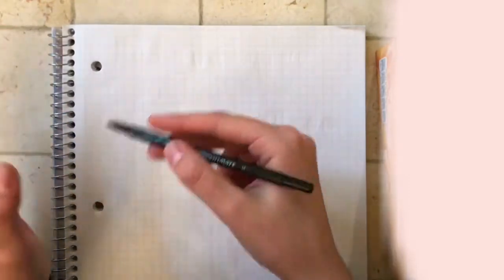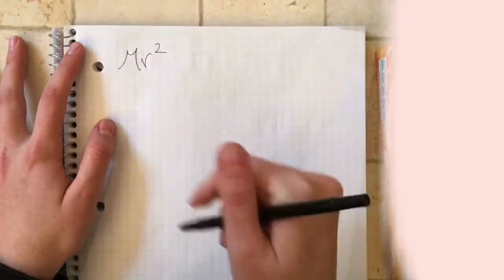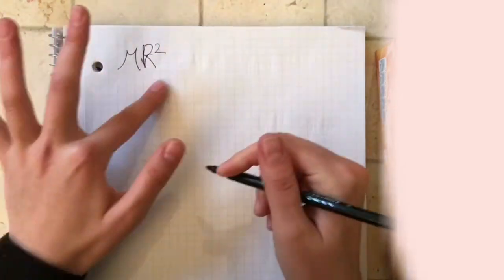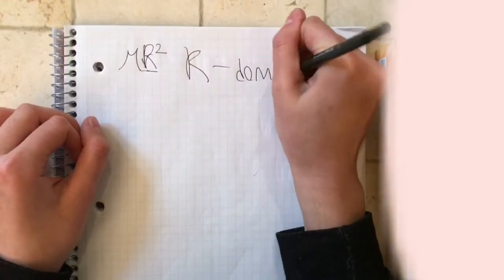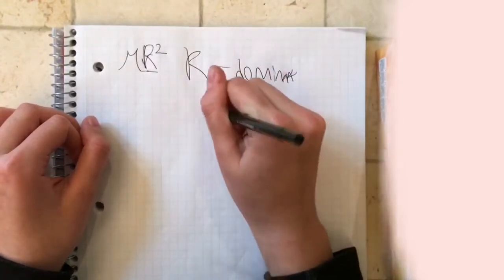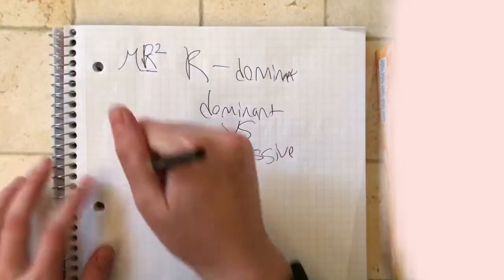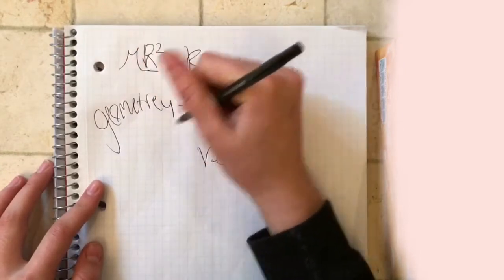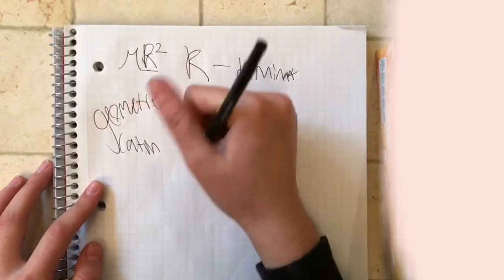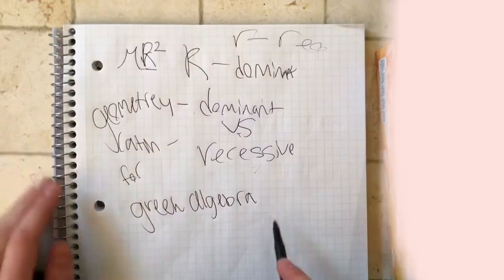How did they find that the area of a circle is pi r squared? Or should I change it to a capital R, because capital R's are more dominant. And dominant versus recessive genes are a key part in geometry, which is Latin for Greek algebra.